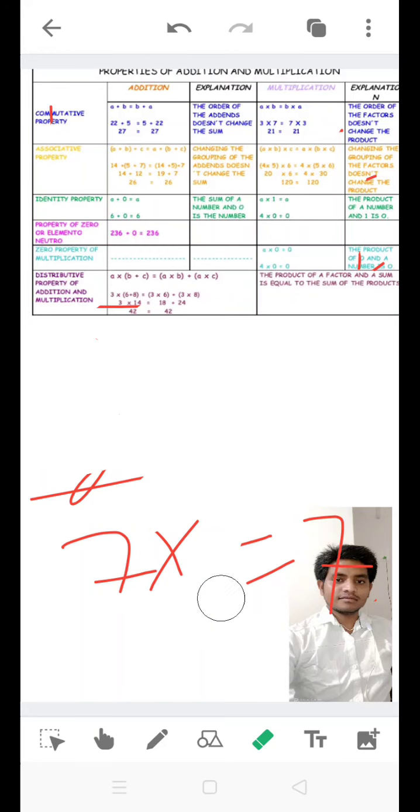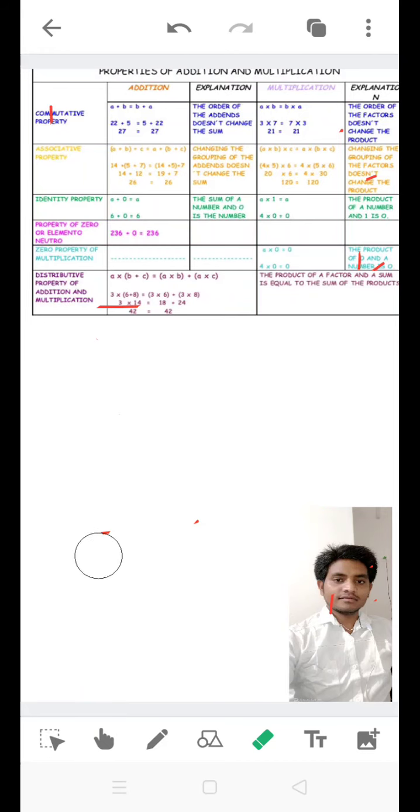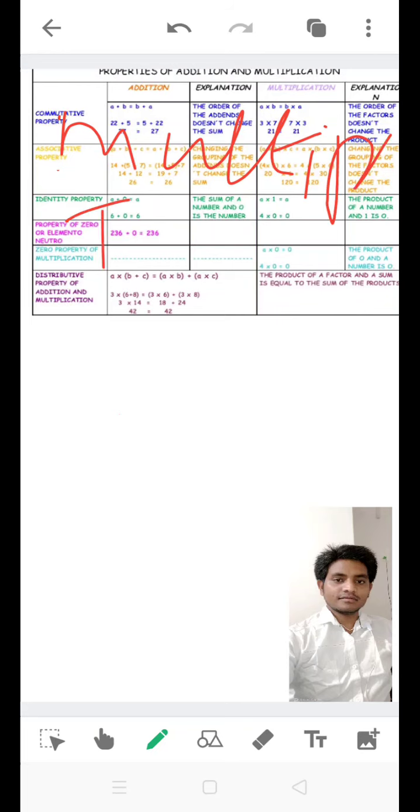Next one is multiplicative inverse. What is inverse?